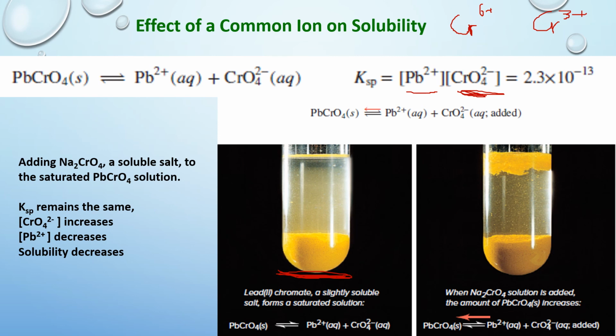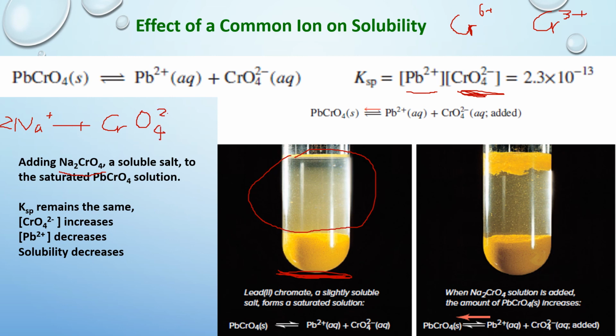Now let's say the system has reached equilibrium, so the solution here is saturated in terms of the formation of these solubility products. What happens when we add sodium chromate into this solution? Sodium chromate is a soluble salt because the cation is sodium, and all sodium salts are soluble. So when sodium chromate is added, it will completely dissolve into sodium cation and the chromate anion.